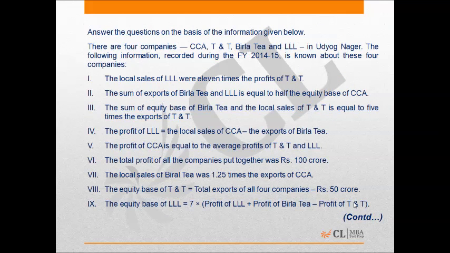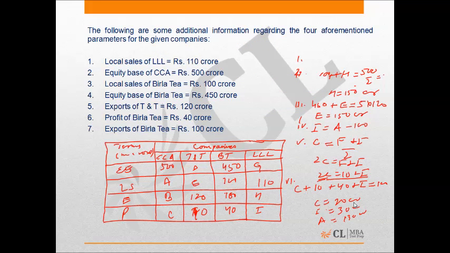In the next statement it is given that the local sales of Birla Tea was 1.25 times the exports of CCA. Therefore 100 will be equal to 1.25 into B. From here we get B as 80 crore.